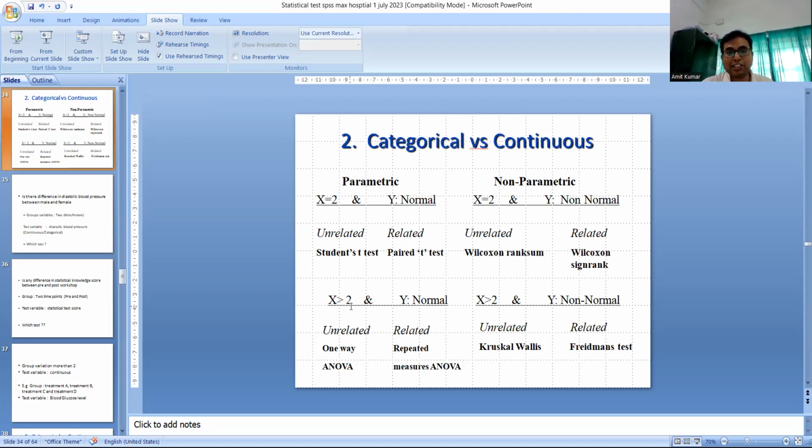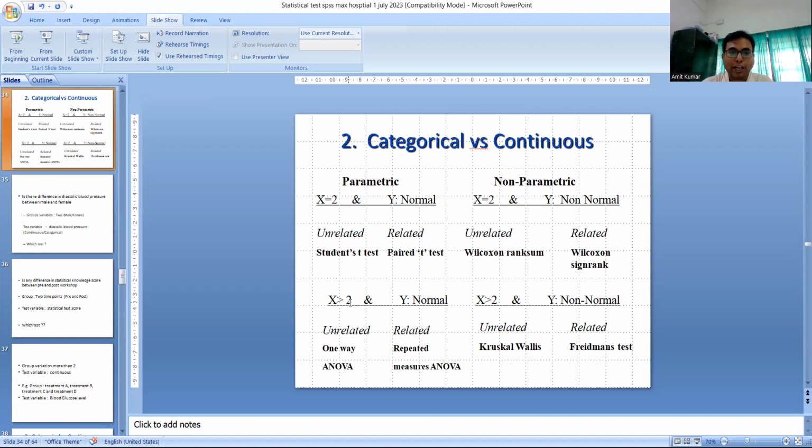Another situation will come when your groups are more than 2. In the earlier case, we had only two groups, male and female. Suppose you have more than 2 groups, like designation: professor, associate professor, assistant professor, JR, SR, and other.